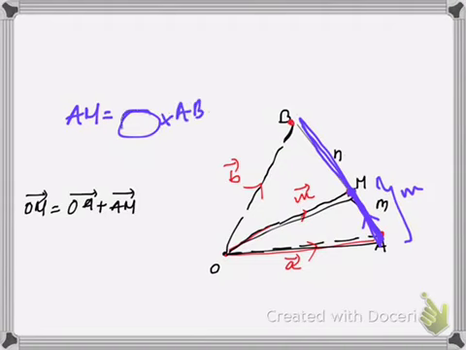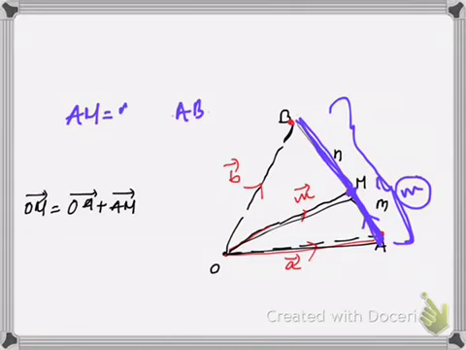So we have to find what this really means. Since AM has length m out of the total length m plus n, we can say that AM occupies m by total, which is m plus n part of this whole line segment AB.